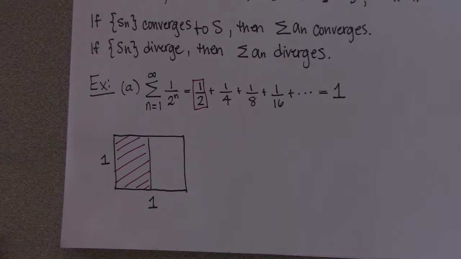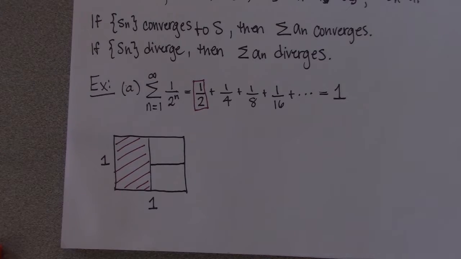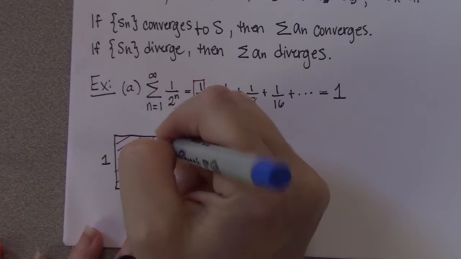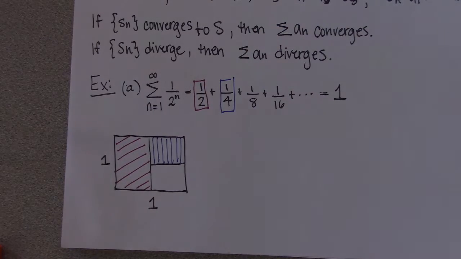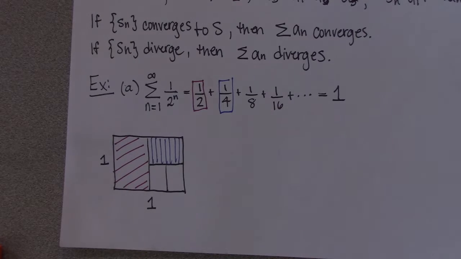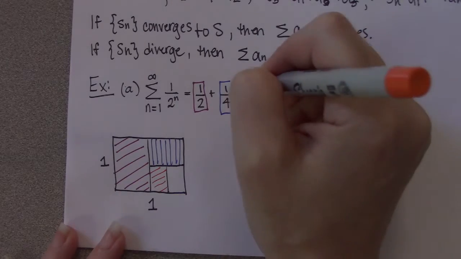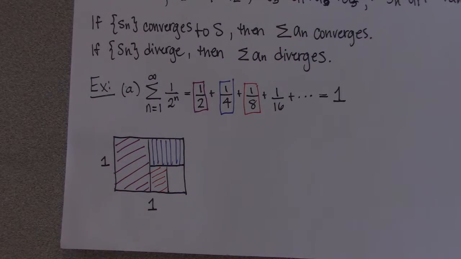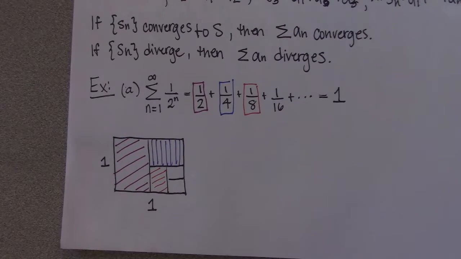And then I want to add a 1/4 to it, so I cut the remaining half in half again, and we'll shade that in. Then if I want 1/8 of my area, I just cut the remaining 1/4 in half again. All right, and then we want a 1/16. We would do it again.